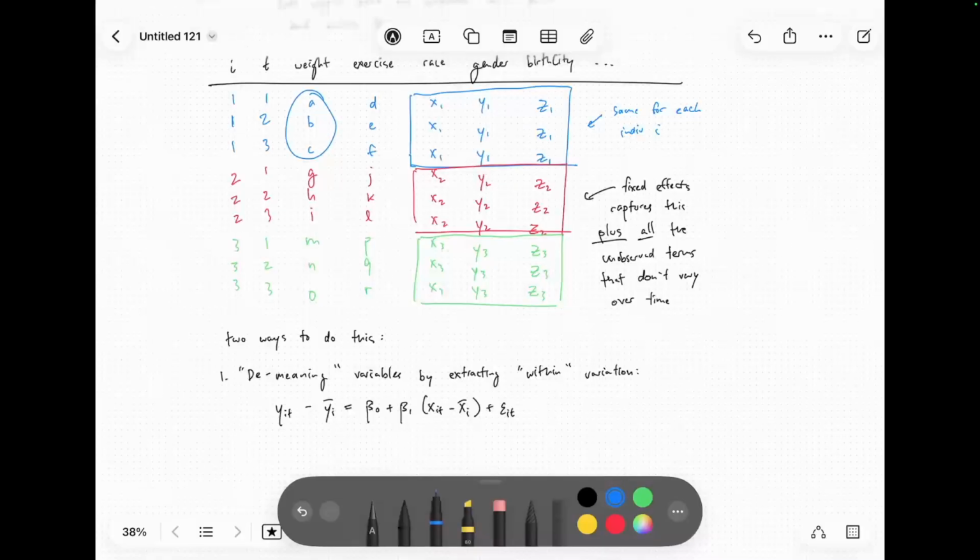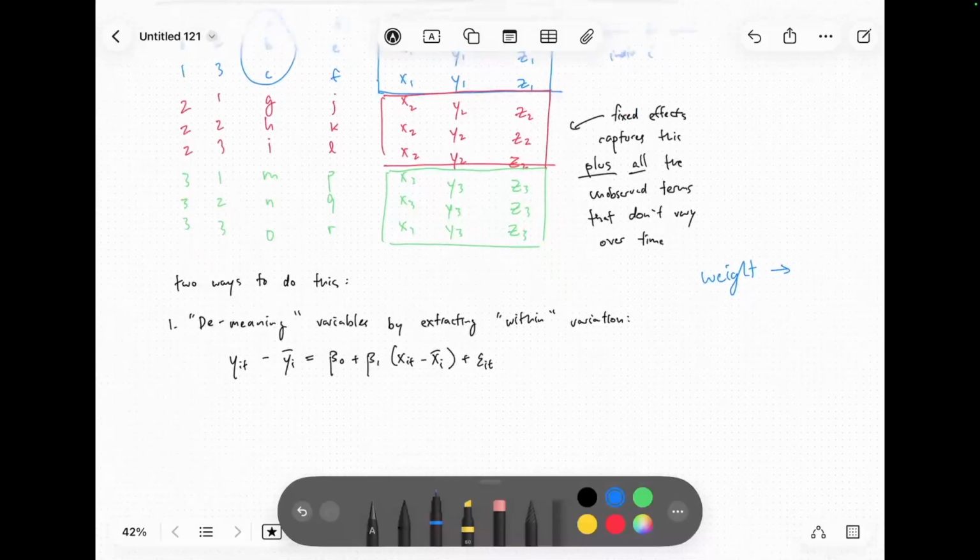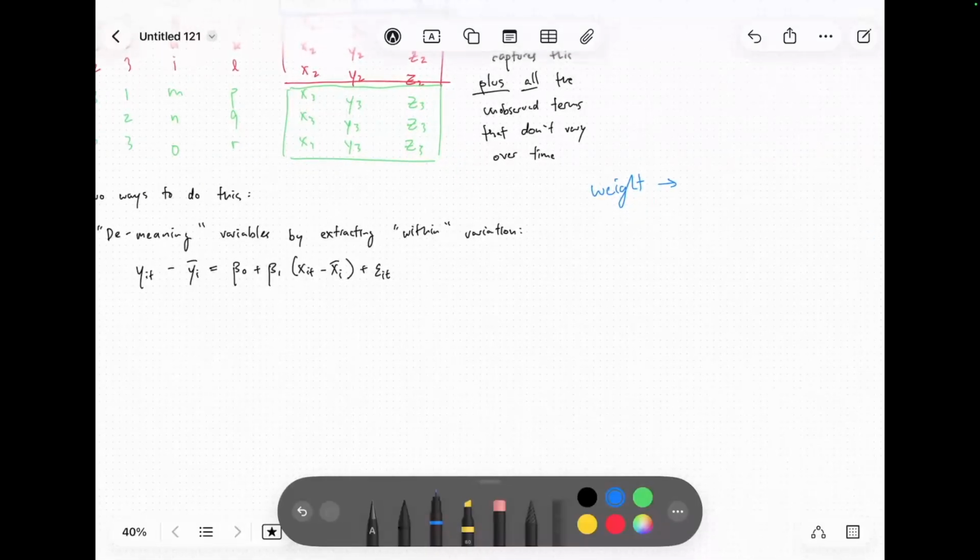You're basically doing something like, I'm changing the column values from ABC to, okay, so weight to demeaned weight.